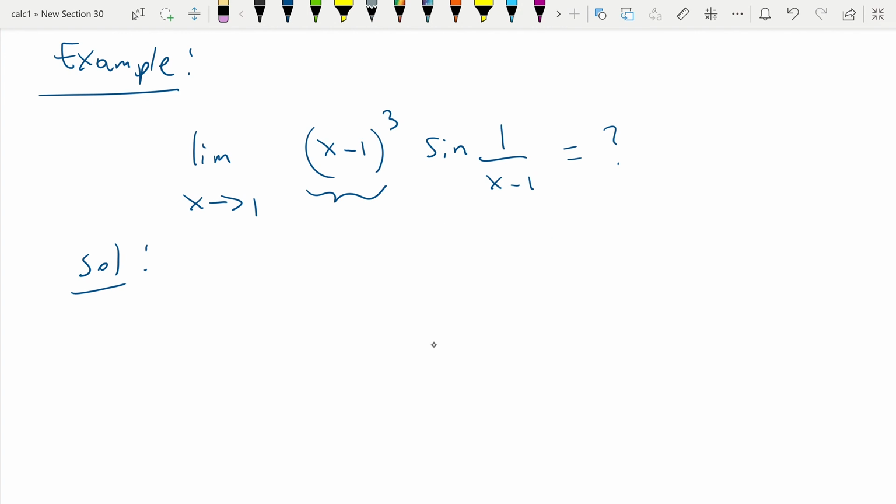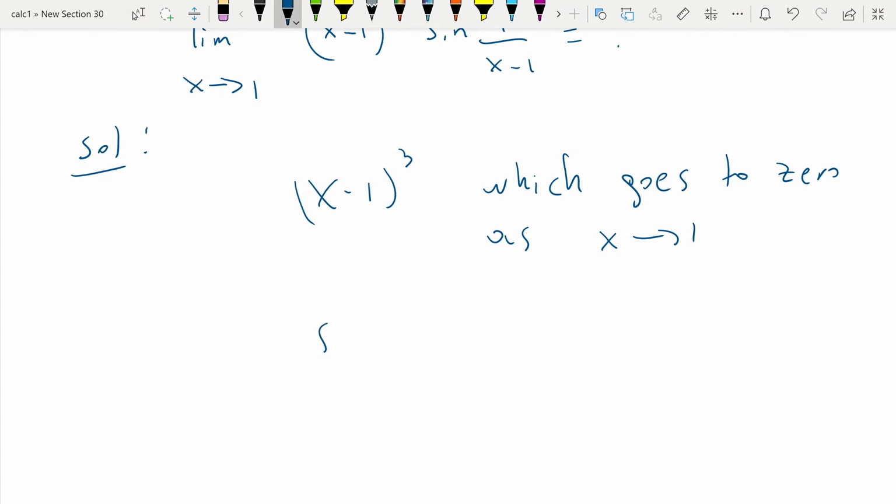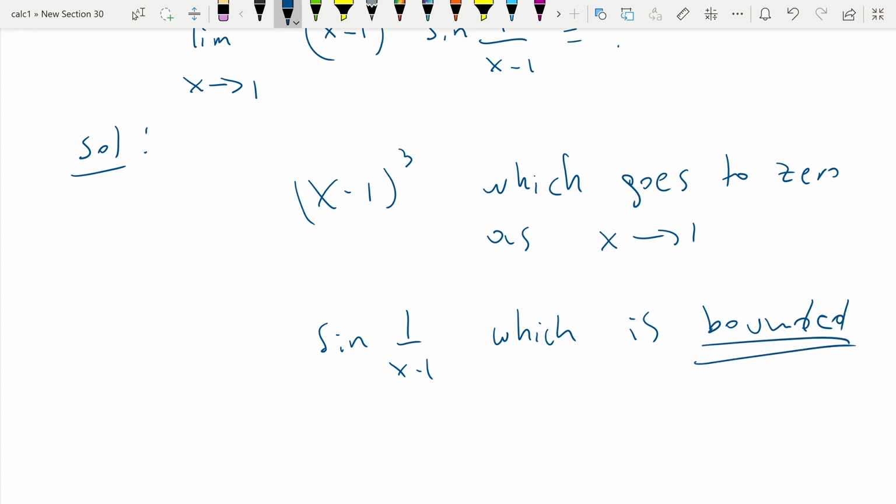And so what happens is you have two functions: (x minus 1) cube, which goes to 0 as x approaches 1, and the other function is sine of 1 over x minus 1, which is bounded. This is a crucial thing.